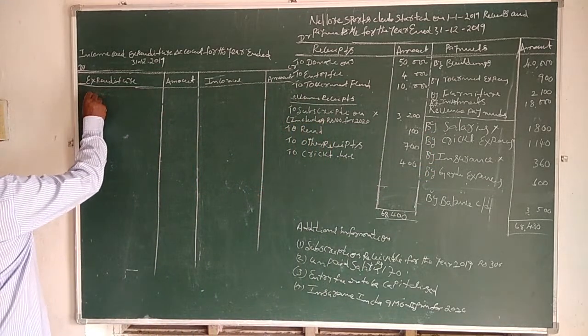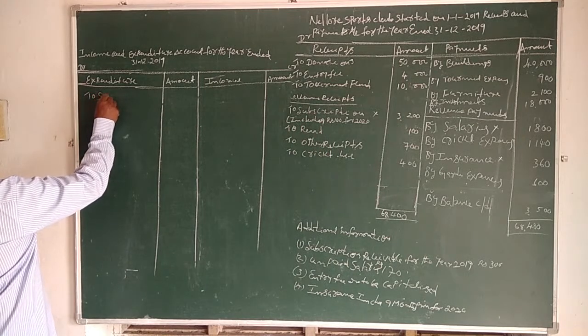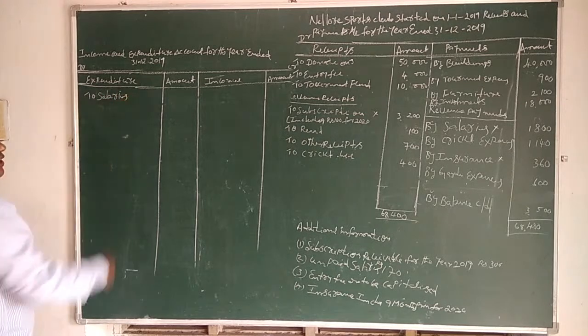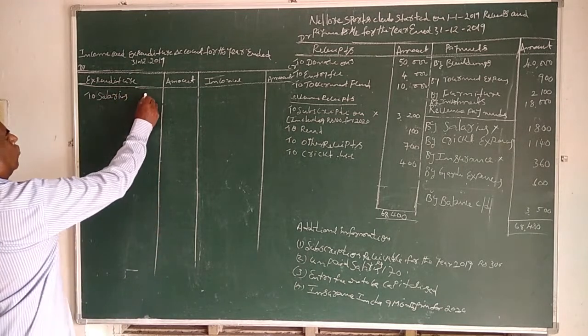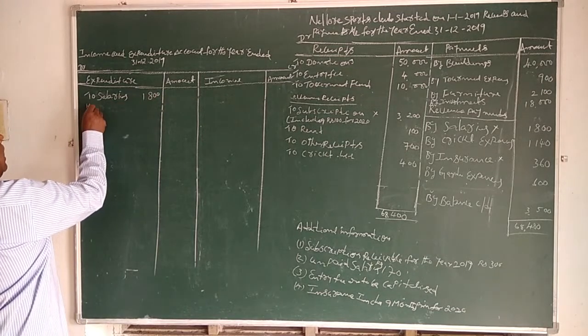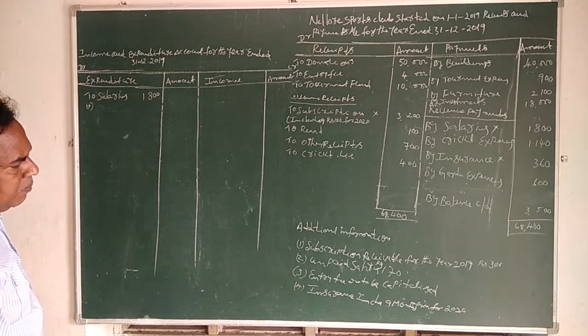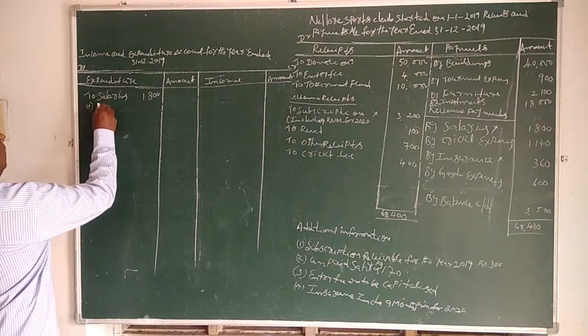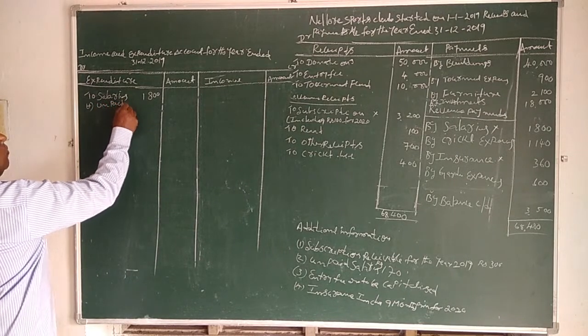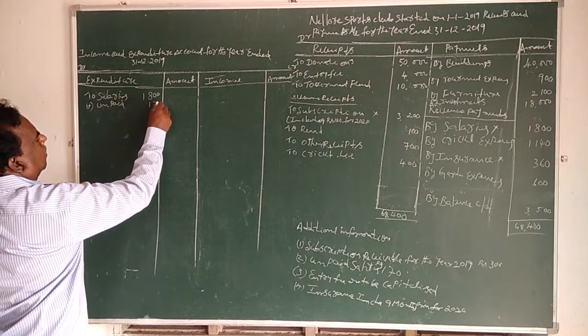To salaries 1,800 plus outstanding unpaid salaries 170.